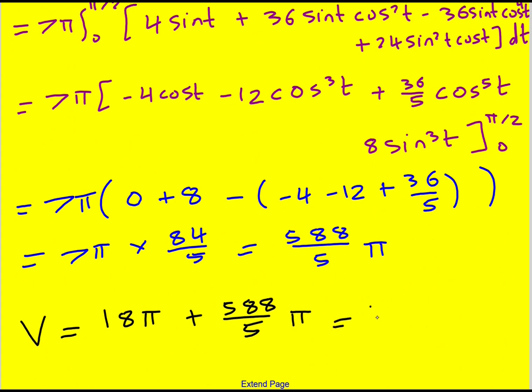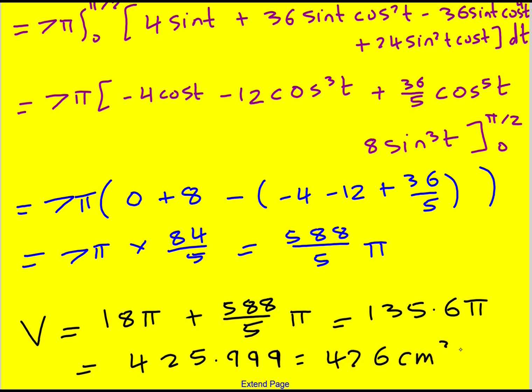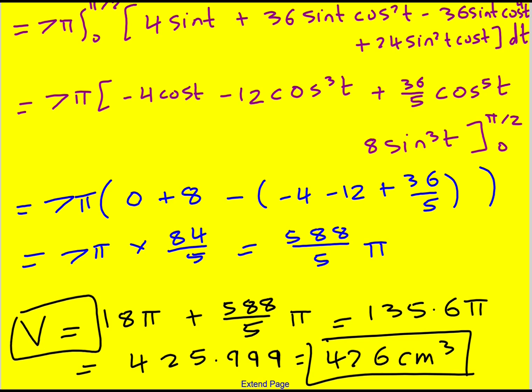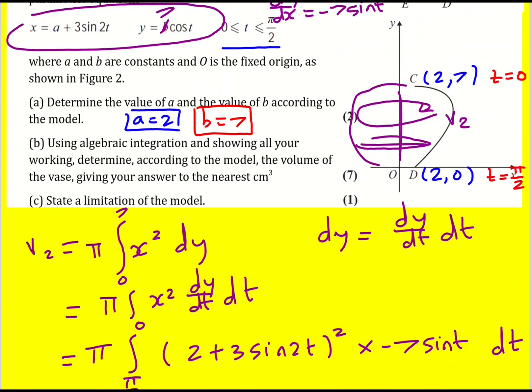And this ends up being 135.6 pi, if I'm leaving it exact, but now it's a model, remember, let's write it to 3 significant figures, 425.999, 426 centimeters cubed. Wow, fantastic. Okay, that's hard work for those marks.